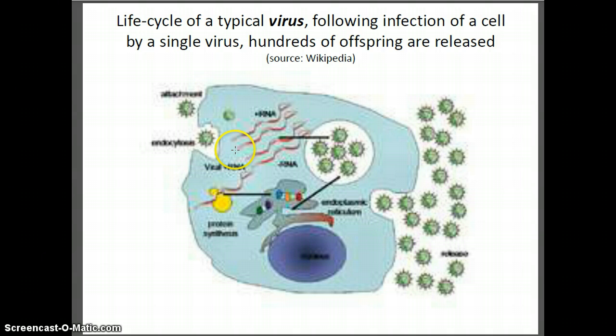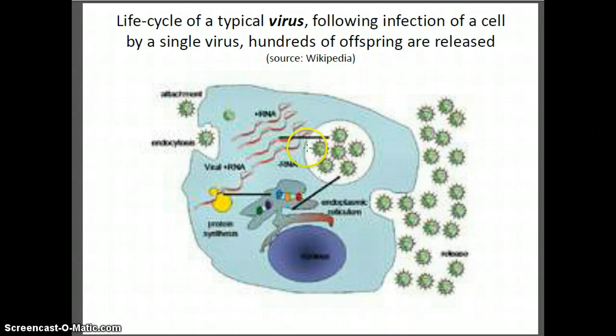When they invade a host cell, their RNA, usually it's RNA, sometimes it's DNA, will take over, will generally embed itself in the DNA of the host, will cause the host cell to stop its own processes and simply be involved in producing more virus particles.